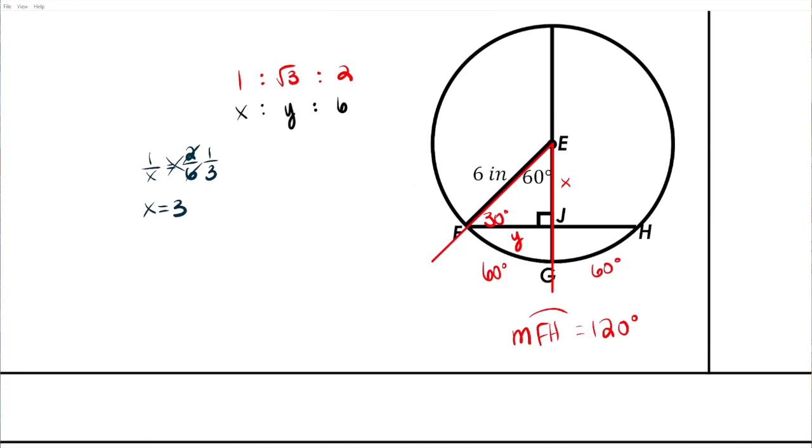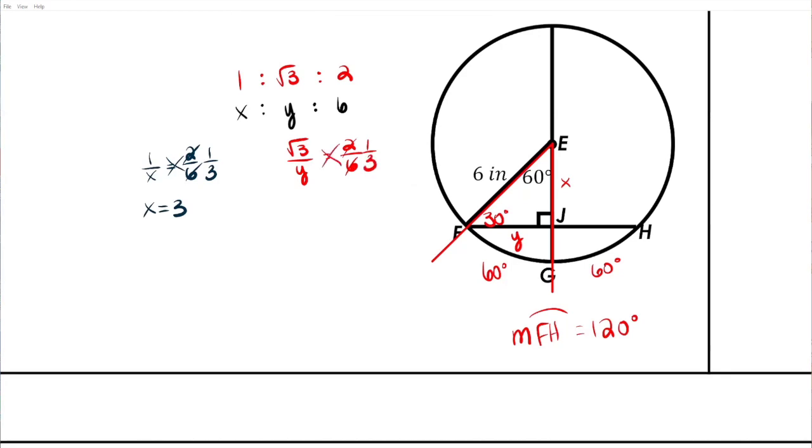And then we do the same thing to find Y. √3 over Y. So 2 over 6 we said was 1 over 3.